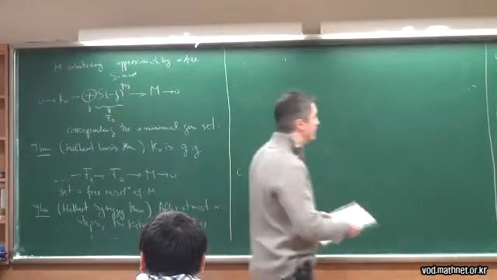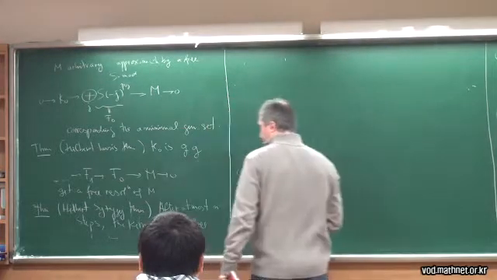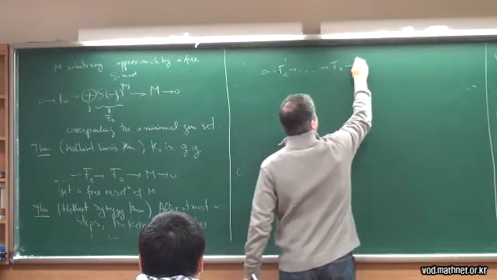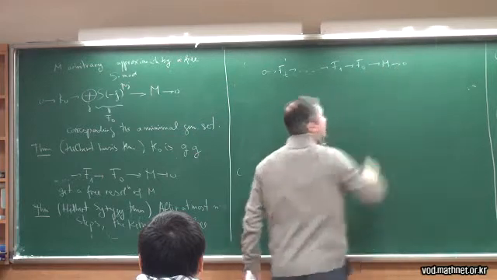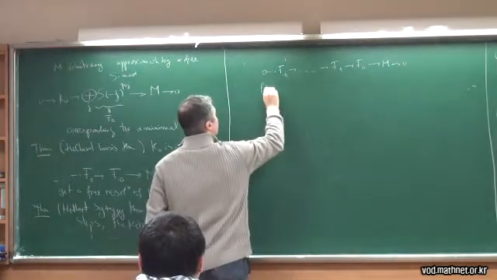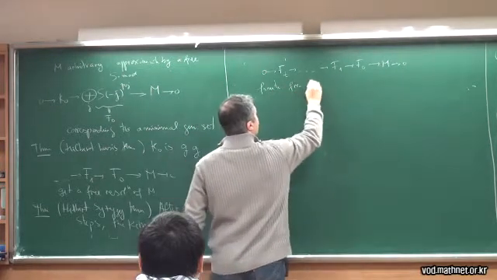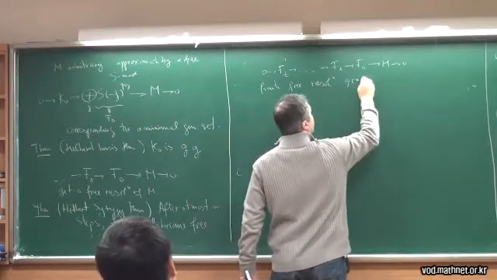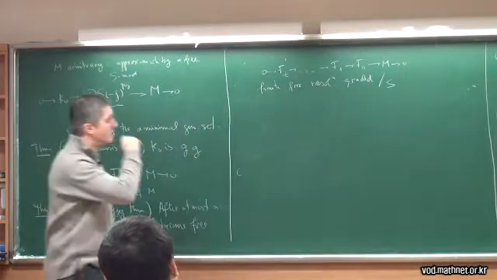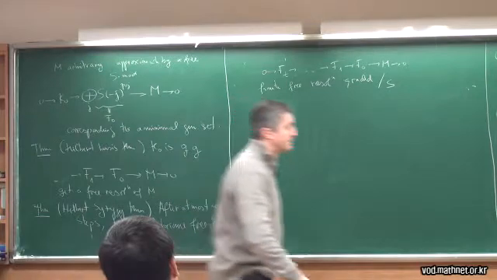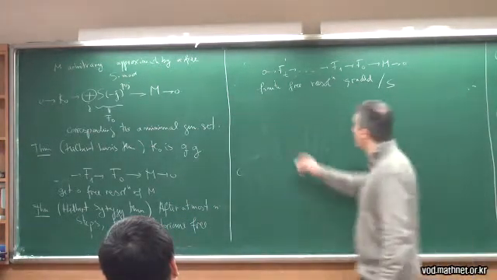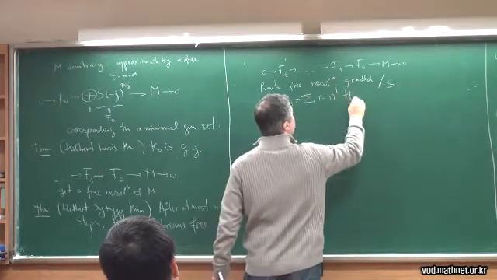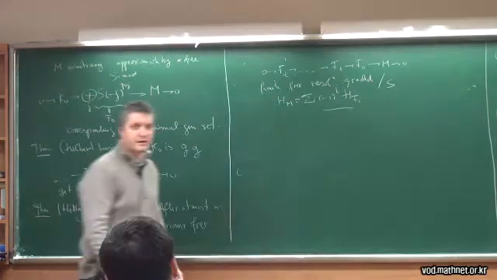So the moral is that to any finitely generated graded module, we can associate a finite free graded resolution over S. And now the proof of this theorem is over. So Hm is the sum of minus 1 to the i times Hfi, which concludes the proof.